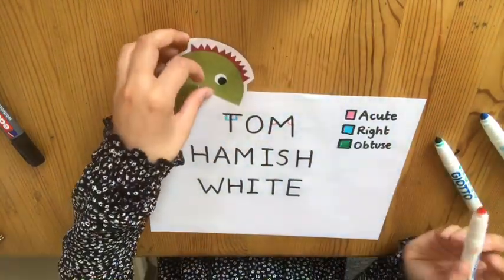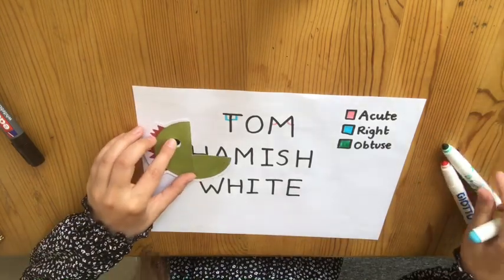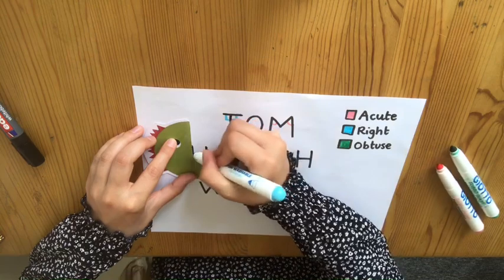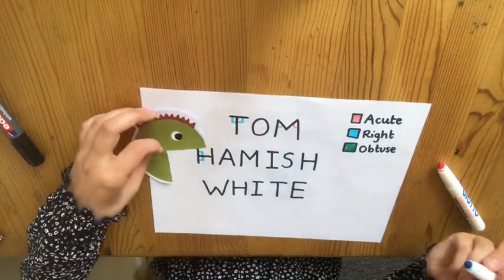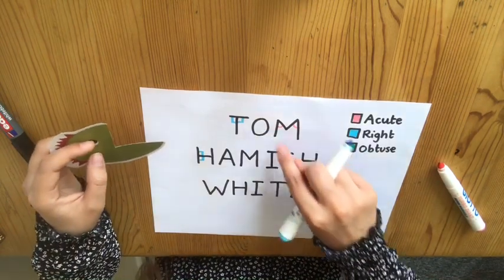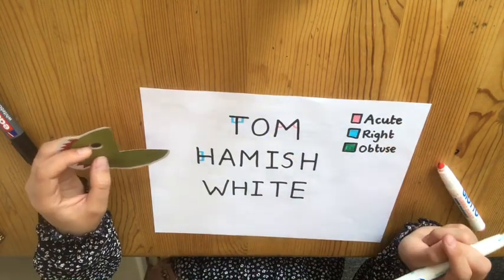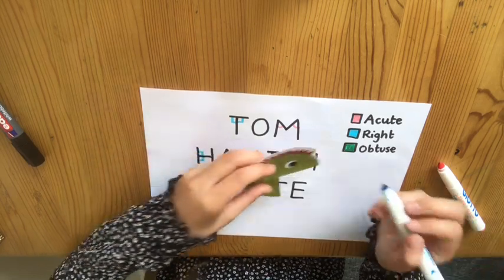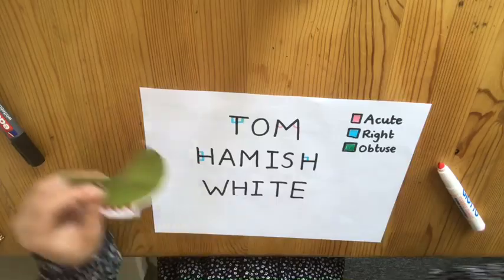Remember, an angle will be there when 2 straight lines meet. So on those letters like O and S, you're not going to be finding any acute, right or obtuse angles. But this is quite a fun activity to do, to go on some angle hunts within your name.